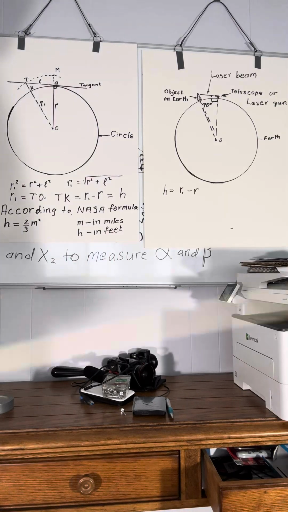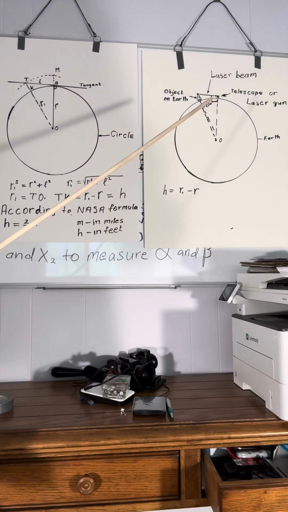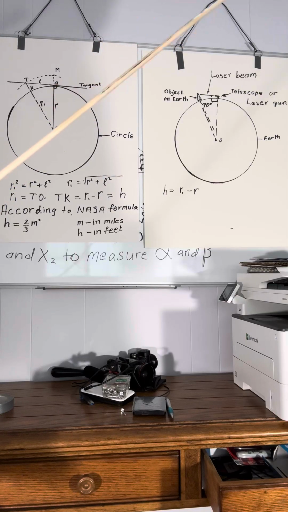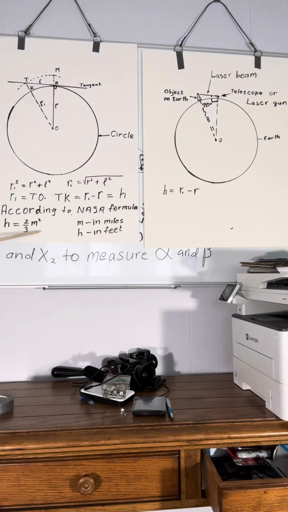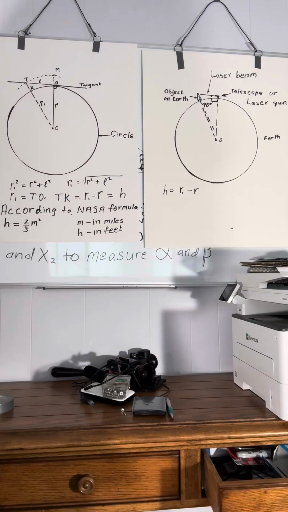Now, besides that, I took the view that if the earth is a globe as they claim, I use this equation. Let's say an aircraft is flying at 600 miles per hour.